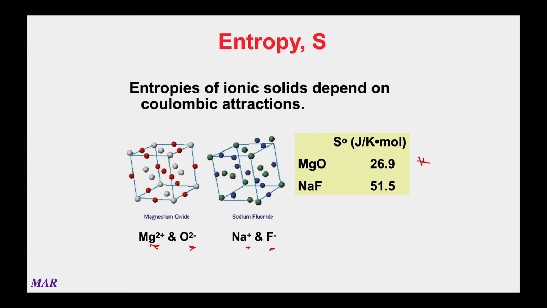So positive 2, negative 2 means smaller entropy, not as much flexibility, not as many microstates possible. If you had a positive 3, negative 3, for example aluminum nitride, AlN, that should have an even lower entropy than positive 2, negative 2, MgO. So all of these things are affected when it comes to entropy considerations.